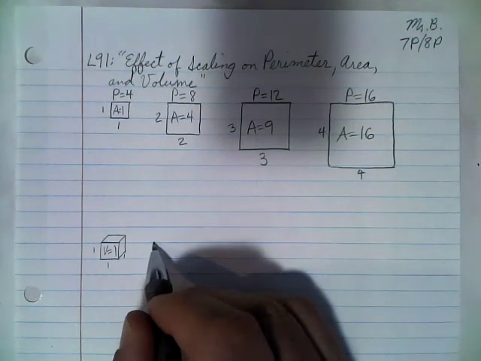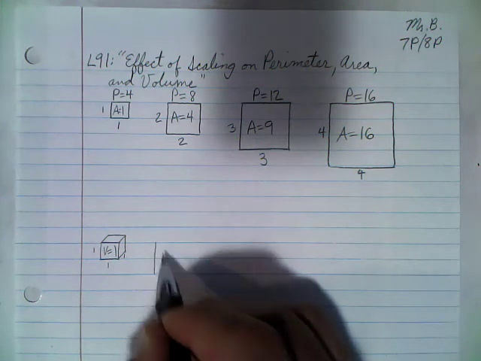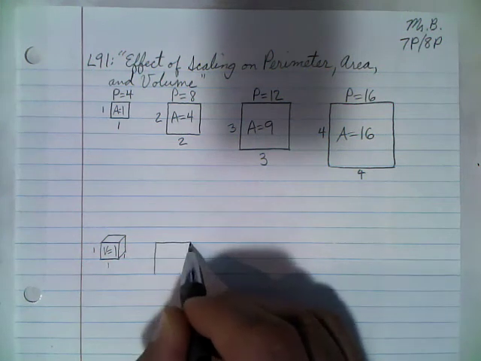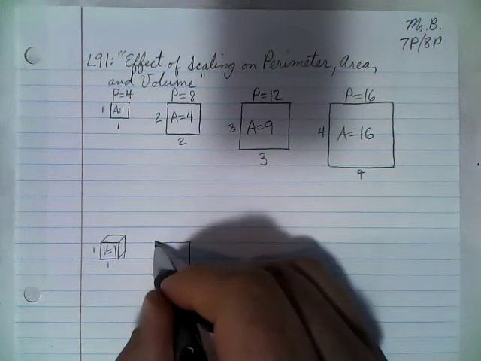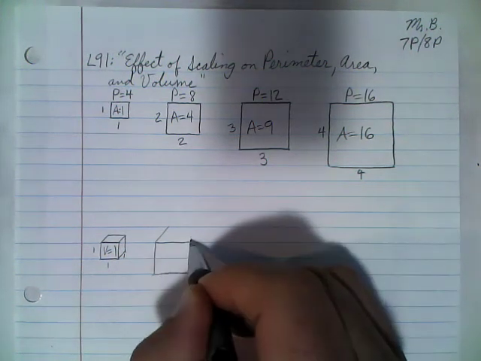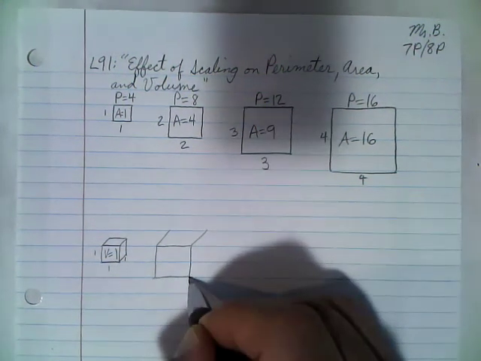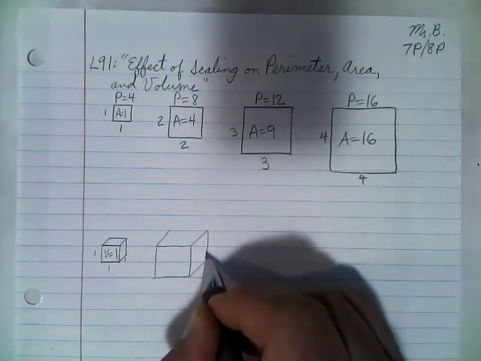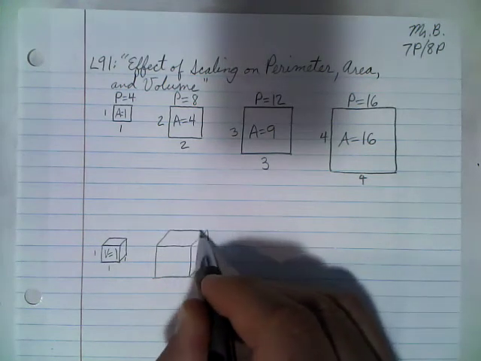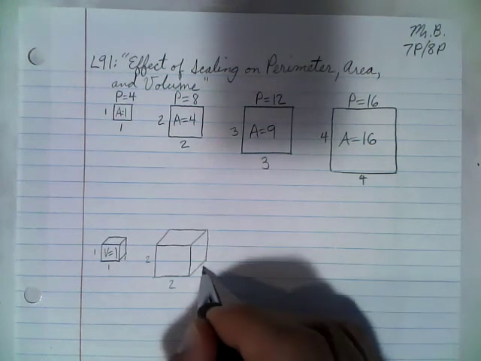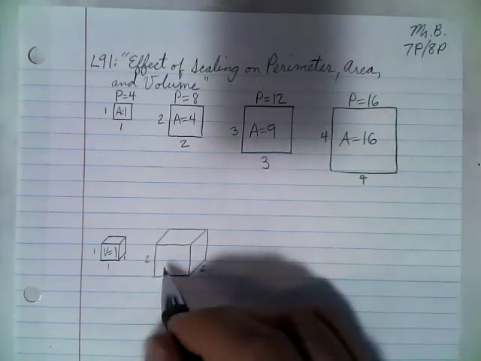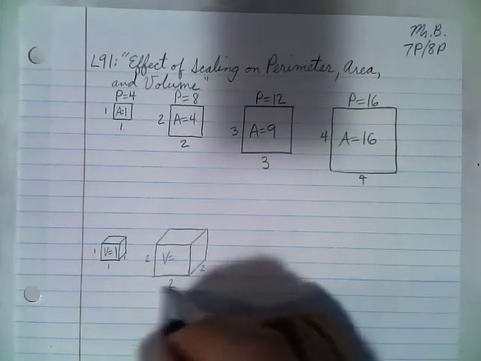Now next to that, I'd like you to make our double big square. So this time we're going to make it 3D by going all the way up 1 space with our diagonals. So if that's 2, and that's 2, and that's 2, well then volume of a cube is 2 cubed.